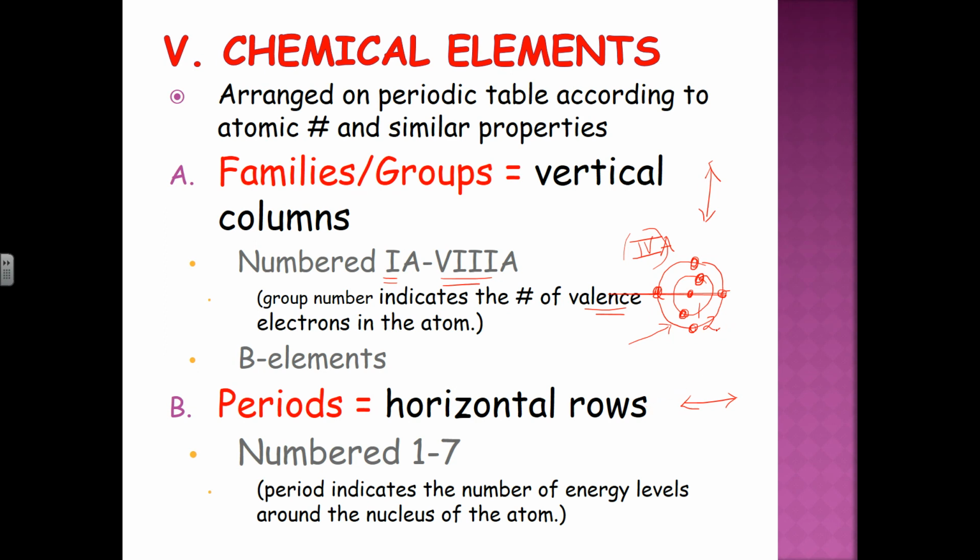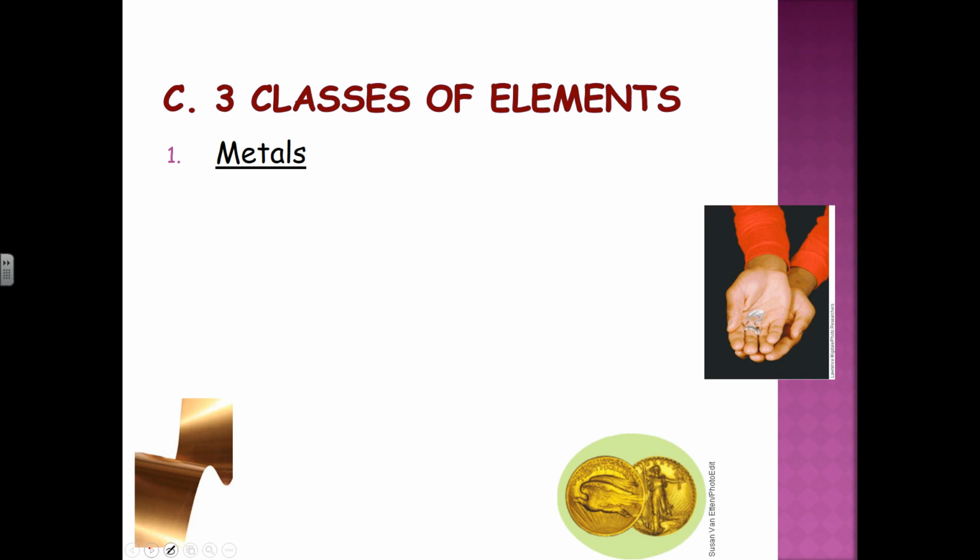That means that this element would be located in the second period on the periodic table. So if you're counting down, it would be the second row across on the periodic table. All right, so that's a little terminology and a few tidbits of information about what those numbers mean to us, what they tell us.